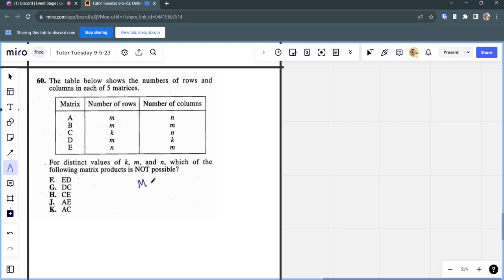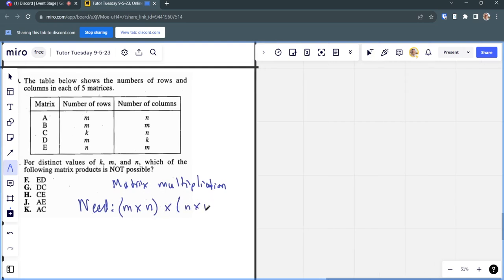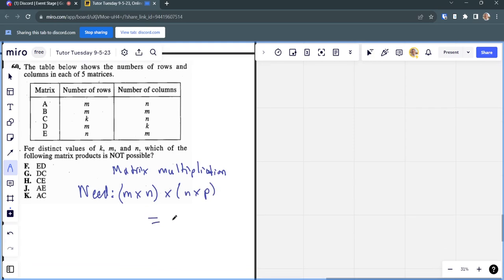Okay, so for matrix multiplication, we need something that mimics the following. Let's call it m times n matrix multiplied by an n times p matrix. And that will give us a matrix with m rows and p columns.